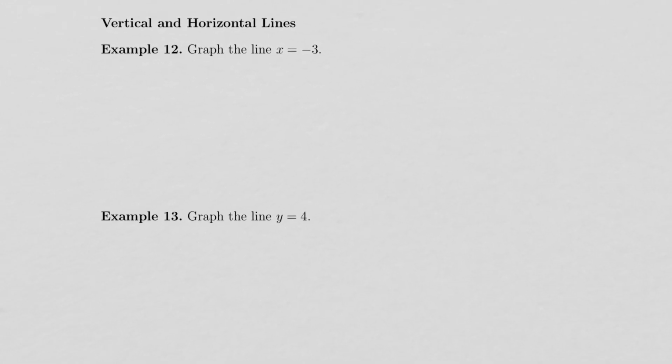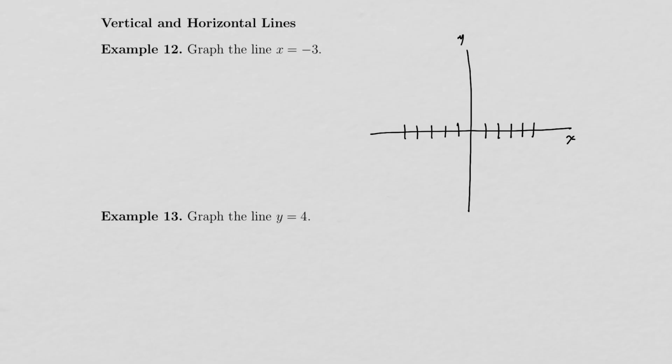Let's say I want to graph the equation x equals negative 3. So I have a Cartesian coordinate system. I'll draw it over here. And let me do some vertical tick marks here.